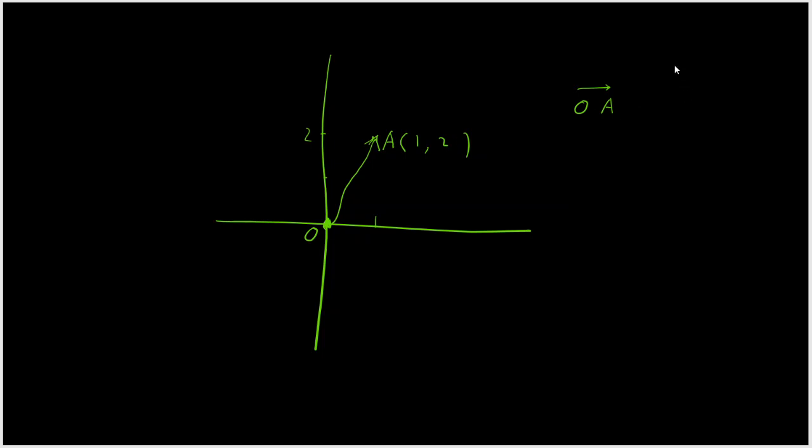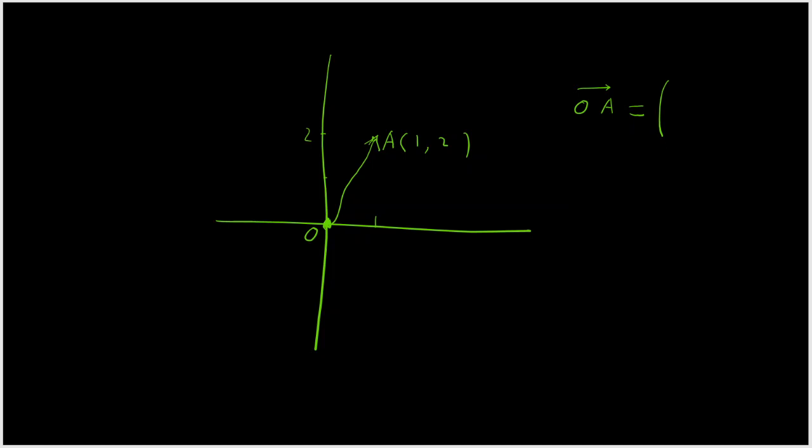But we write the two numbers in a column. We call them components. Listen to me carefully. I'm talking about the terms, the names. If I'm trying to use numbers to represent the vector OA, I'm going to write the two components, the two numbers.